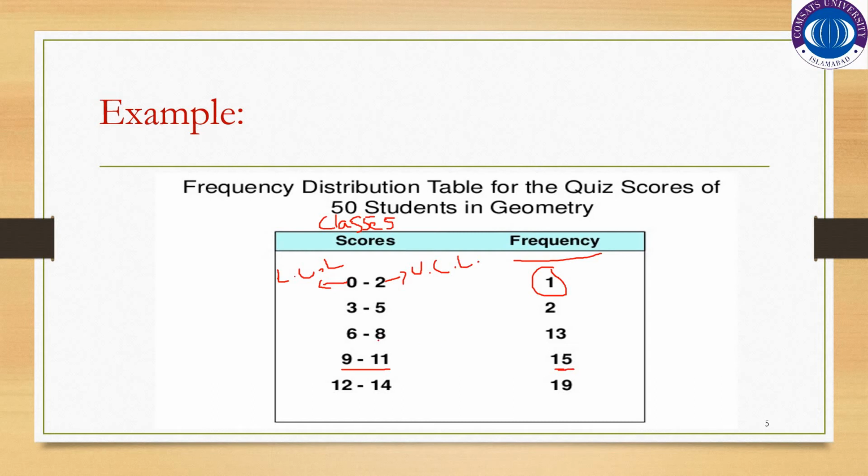Similarly, if we go to class 6 to 8, what is 6? 6 is a lower class limit of this class, and 8 is the upper class limit of this class. When we have data set defined or arranged in classes, then the lower and upper class limit both are included. That is, 0 and 2 both are included in this class. 3 and 5 both are included in this class.